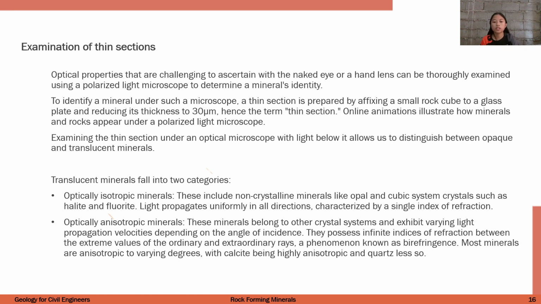So, itong tinatawag nating birefringence, ito yung kung saan ang light nag-split up into two rays with different speeds. So, most minerals are like this in some ways. Key points nito is two categories, optically isotropic minerals and optically anisotropic minerals. And yung ginagamit dito to examine this mineral is called polarized light microscope.